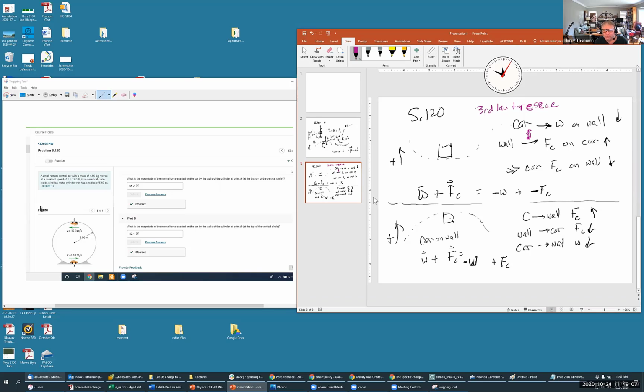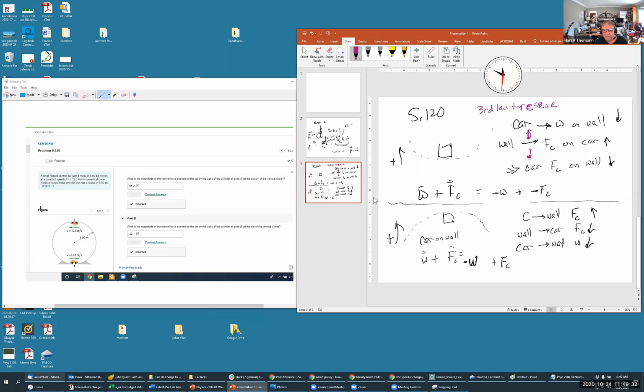Oops, what else? Well, we know that the wall has to exert F centripetal on the car, up. But then Newton's third law tells us that the car is going to exert F centripetal on the wall, which is also down.